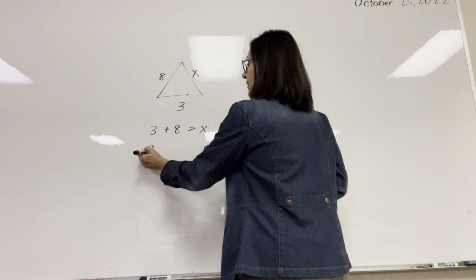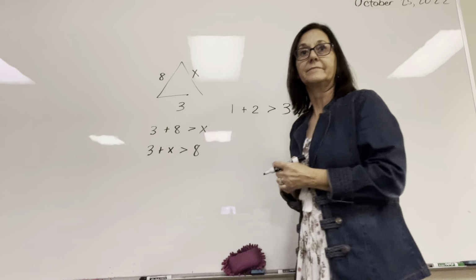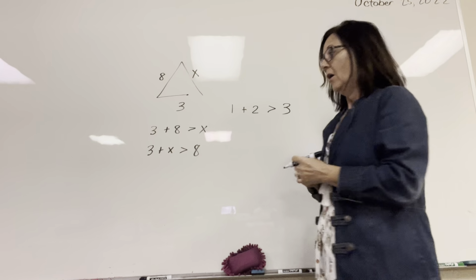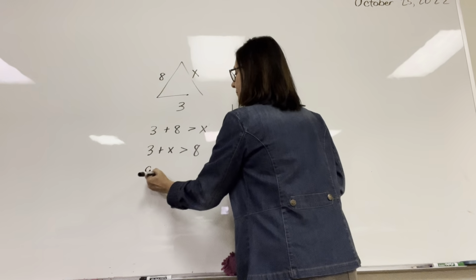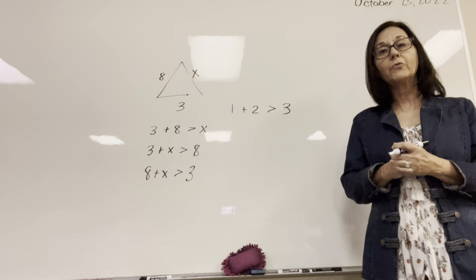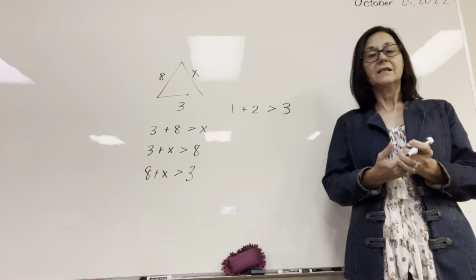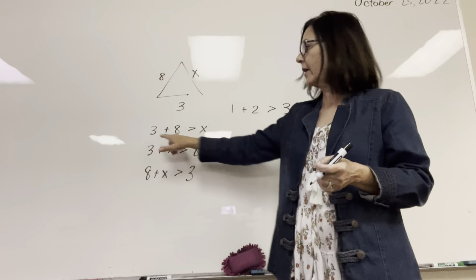Also, 3 plus x has to be greater than 8. And 8 plus x has to be greater than 3. You have to write all 3 equations. Does that make sense?